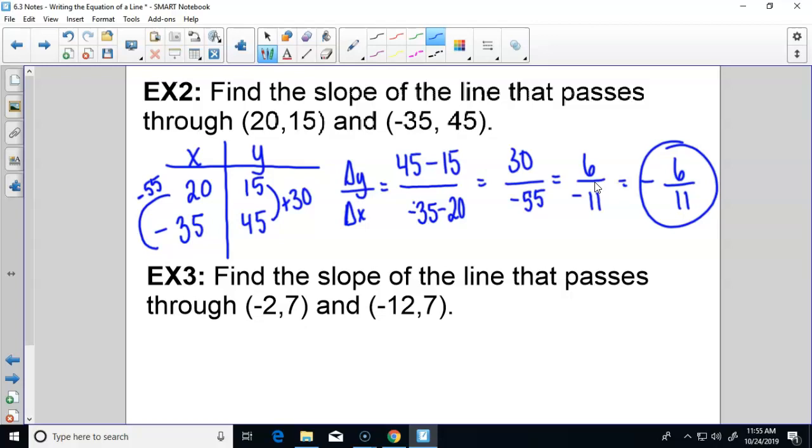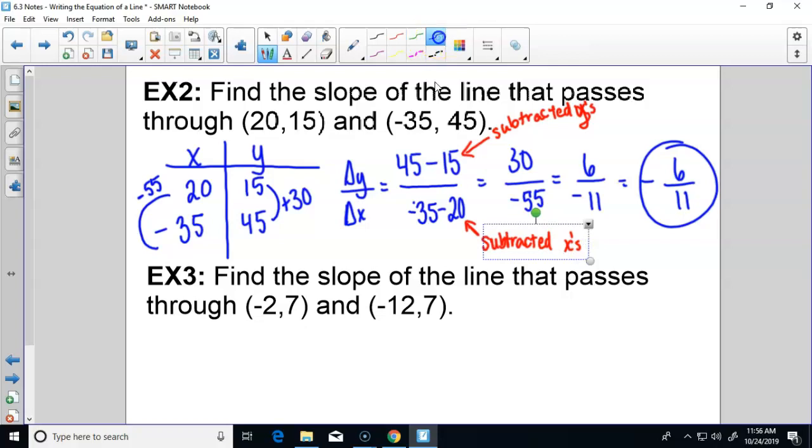If you look at what we did to find our change in y, we subtracted the y's, and to find our change in x, we subtracted our x's for the denominator.